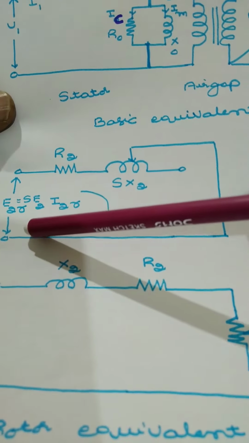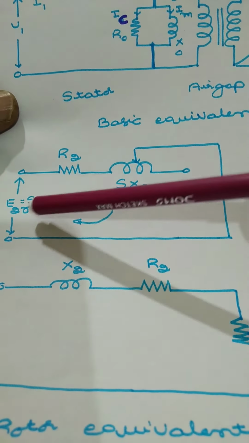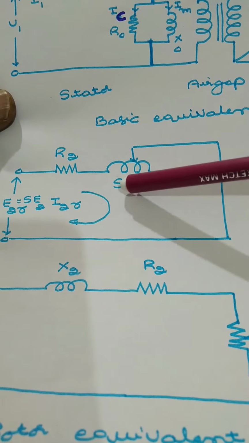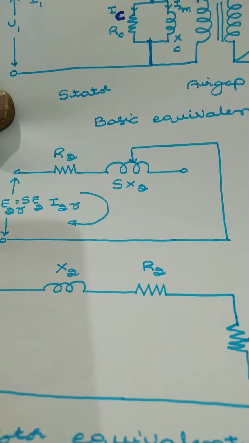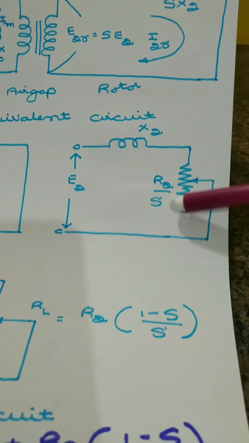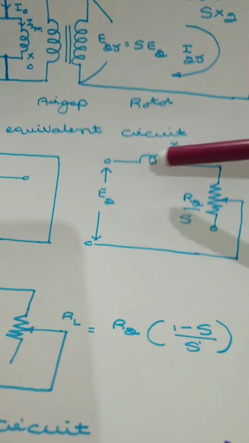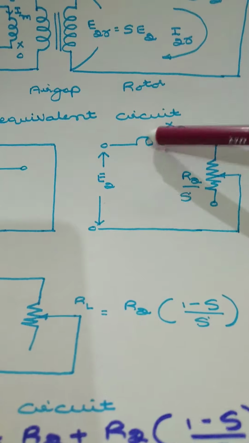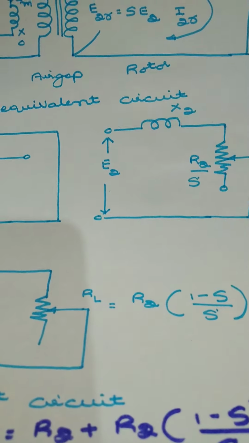Now I will divide all the factors by S. When you divide by S, what do you get? It becomes E2, and then S gets cancelled, remaining with X2, and then you get R2 by S. Since slip is a varying phenomenon, I am considering this as a variable resistance.